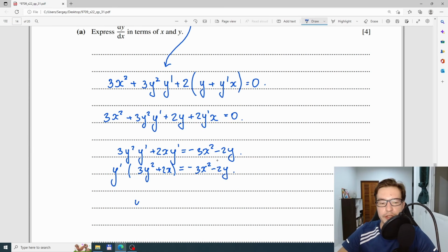And then divide by the bracket to get y derivative. And maybe let's put minus in front to make it look a bit better. Okay, that's the derivative. Next question.